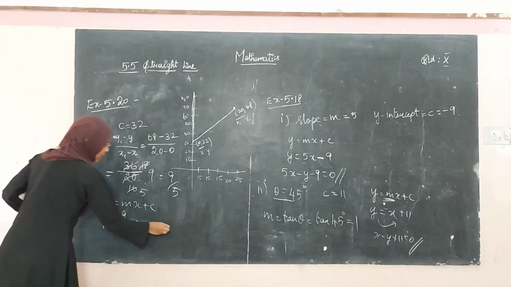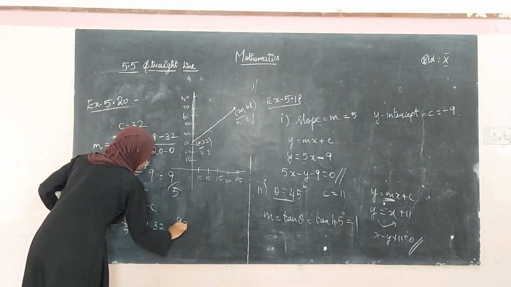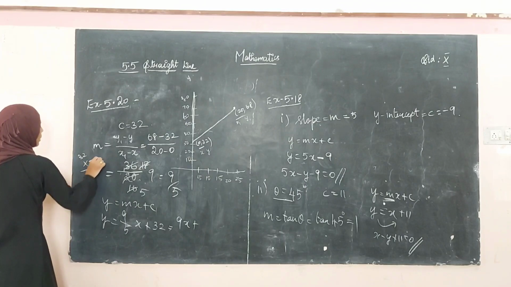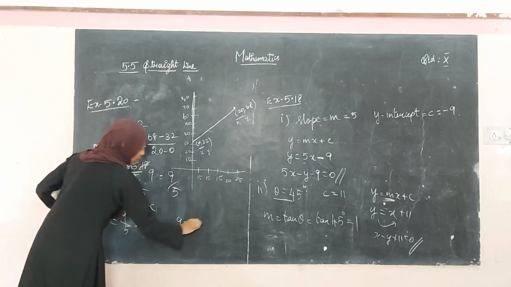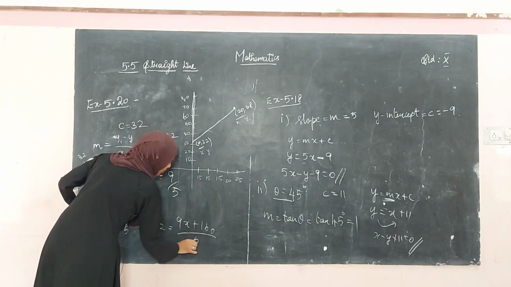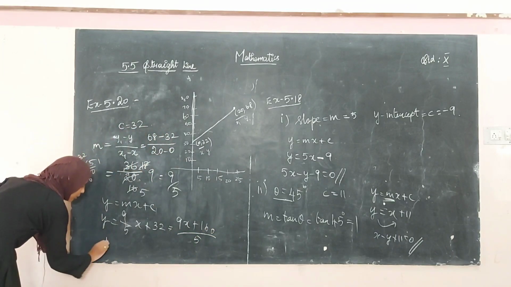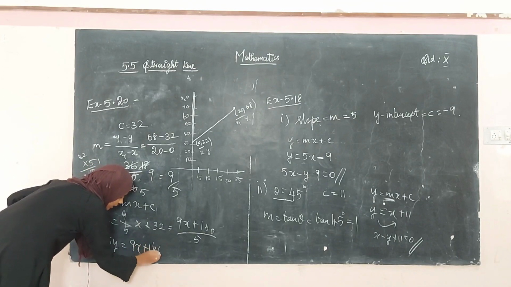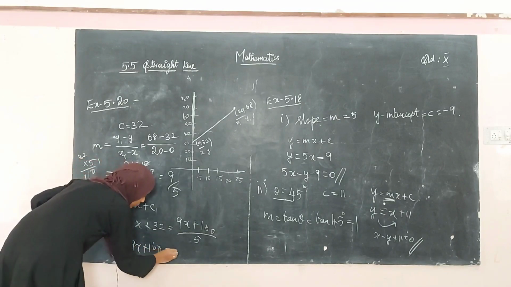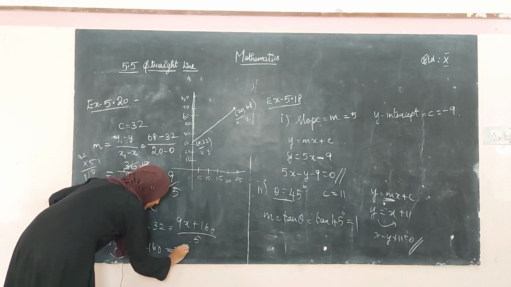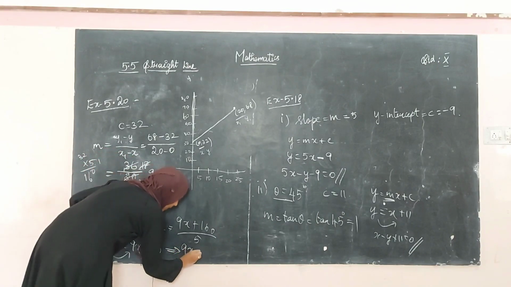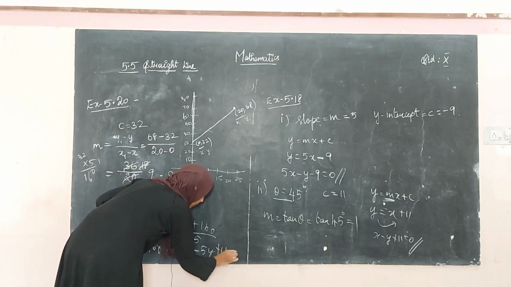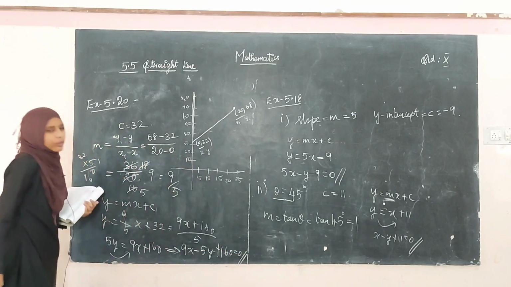Now taking LCM, it will be 9x plus 32 into 5, which is 160, divided by 5. Now bring this 5 to this side. 5y equal to 9x plus 160. Bring this 5y to this side. So the equation of the line is 9x minus 5y plus 160 equal to 0. So this is the required equation of the line.